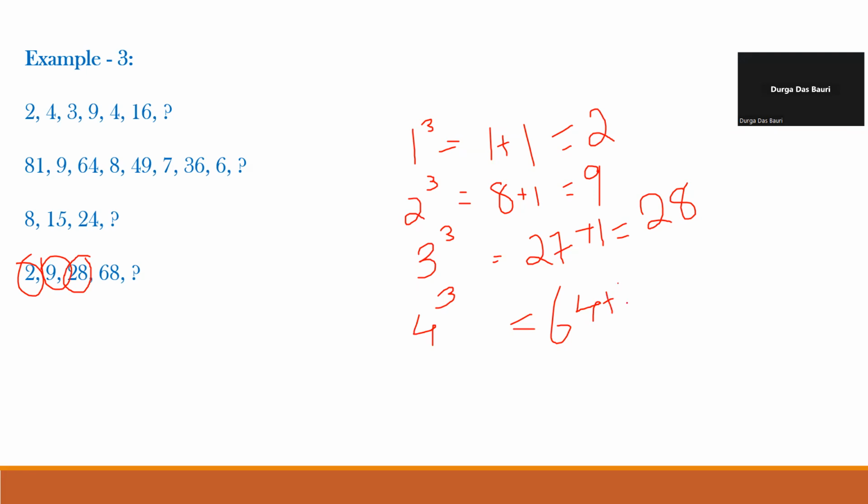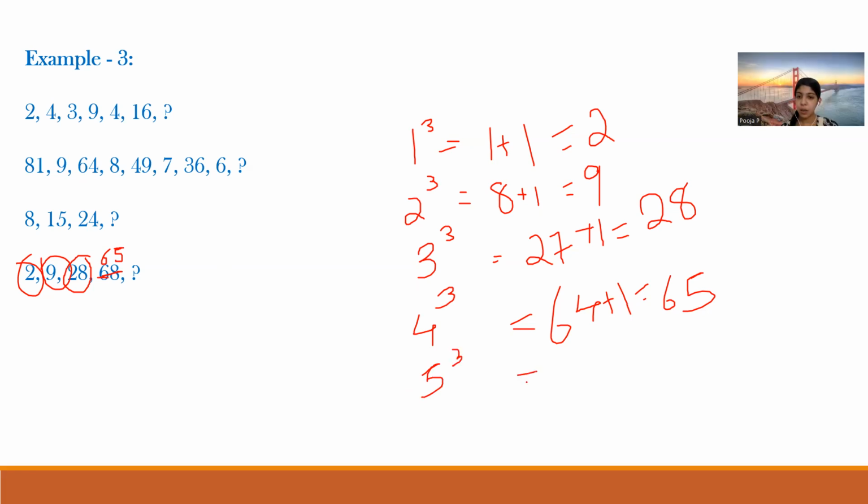I think there's something wrong with the question. It was supposed to be 65. I'm sorry, the series was a little misleading. You're supposed to have 65. And the next one is 126. Yes, 126, you're right. So 5 cube is 125. That is clear with you guys. So 125 plus 1 is 126.